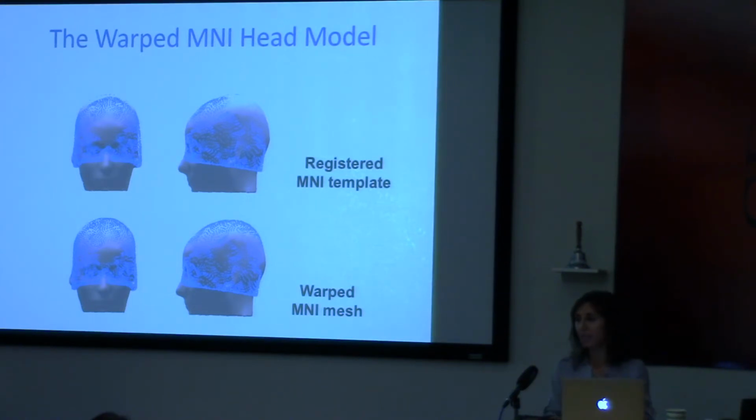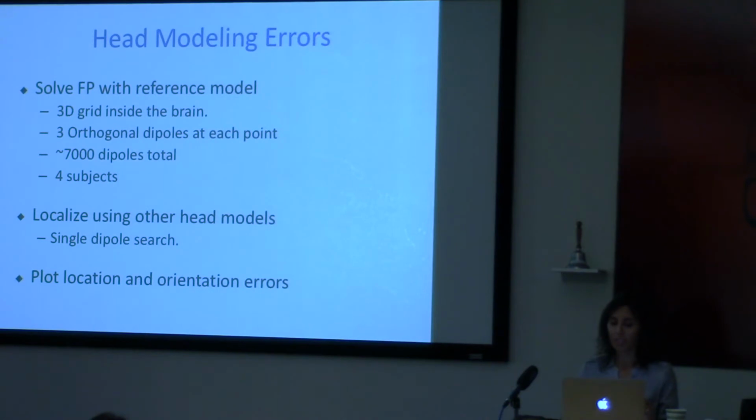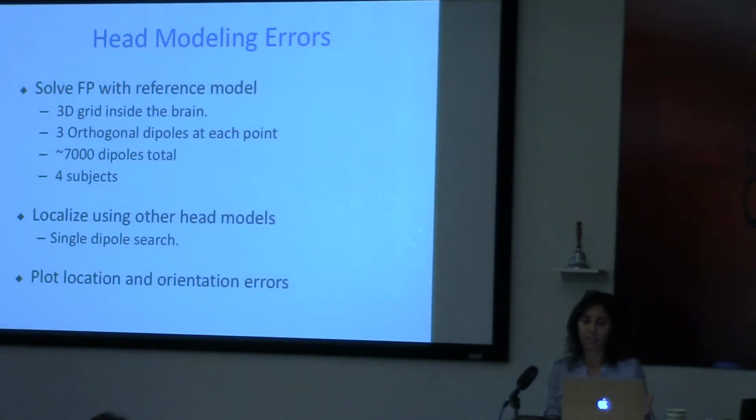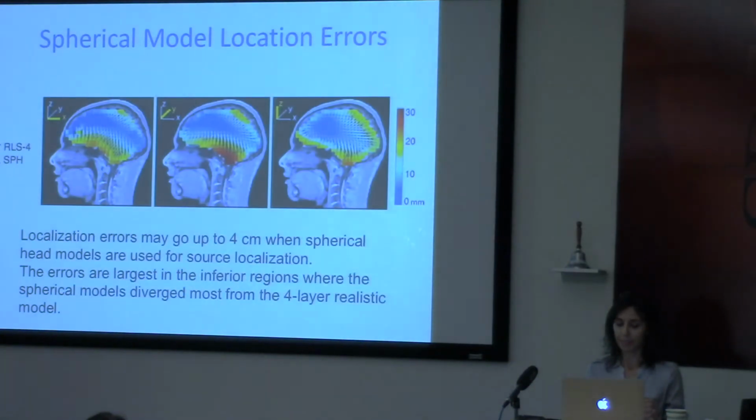So we would have a more individualized head model instead of just using an MNI head model or spherical head model. So we solved the inverse problem inside the brain on a 3D grid with approximately 7,000 dipoles that would represent the whole brain area.